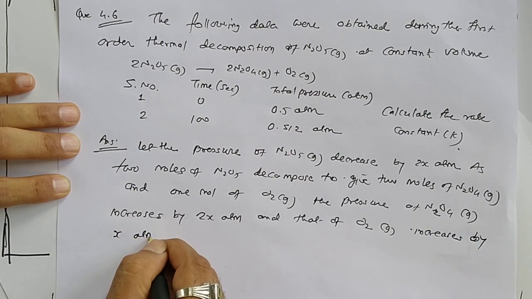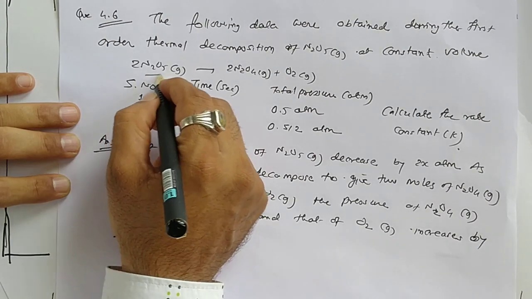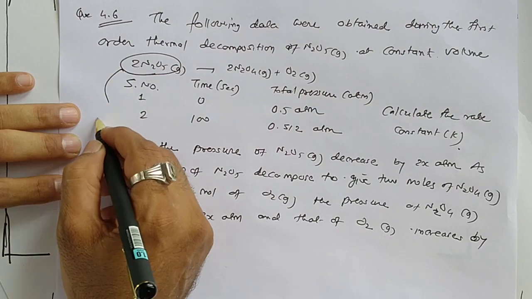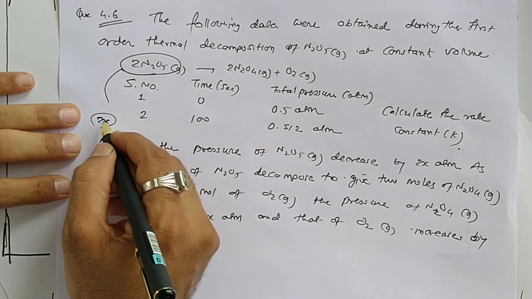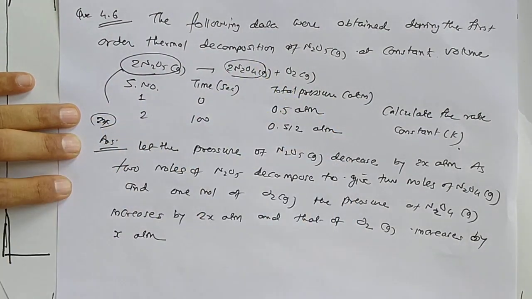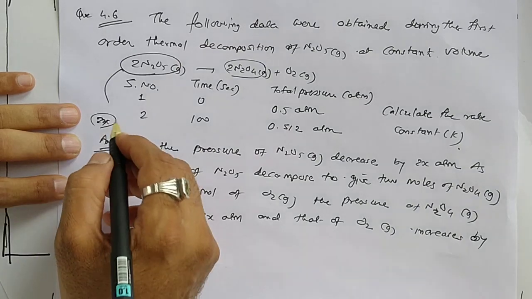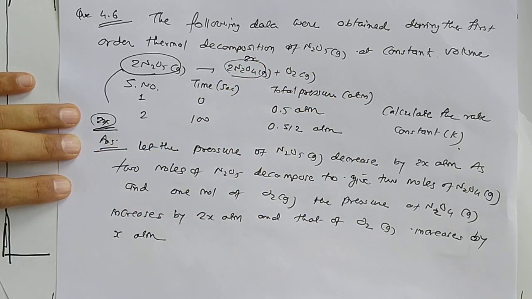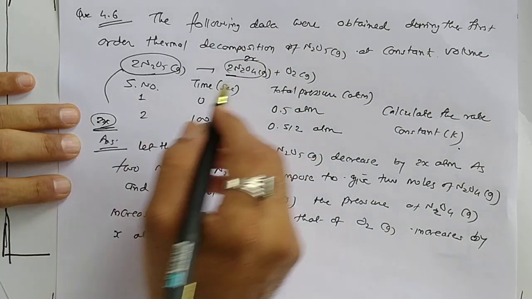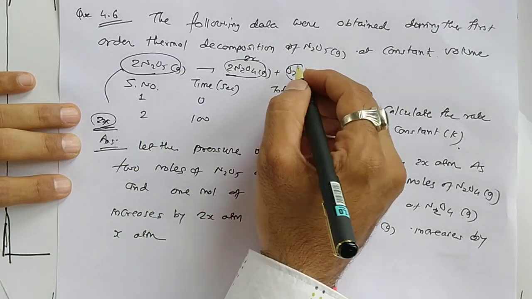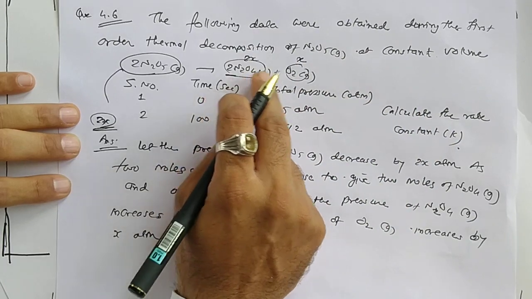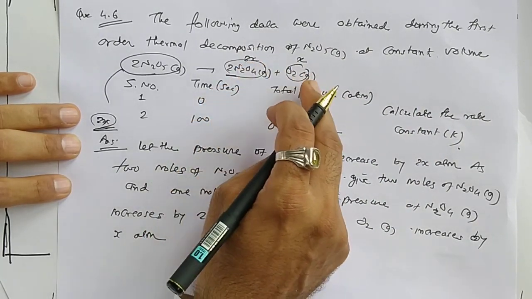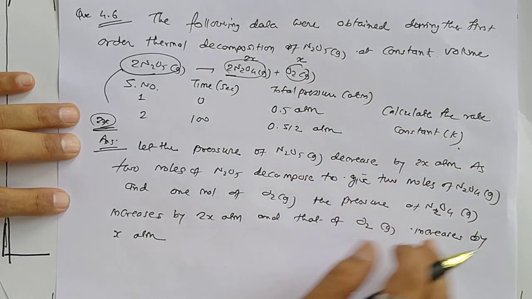Why? You can see here 2 moles of N2O5 is given. So we are assuming 2x atmosphere decreases. Here the moles of N2O4 is 2, so decreasing of 2x, here increasing of 2x. Why? This is 2 moles, but here is 1 mole. So the increase is half: N2O4 is 2 moles, so 2x increase, and O2 is 1 mole, so x increase, nothing else.